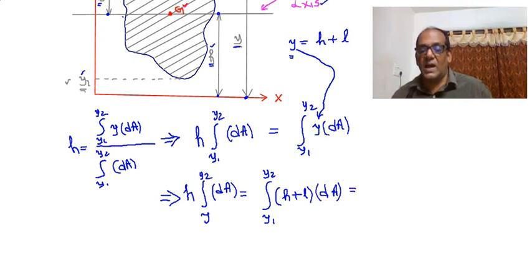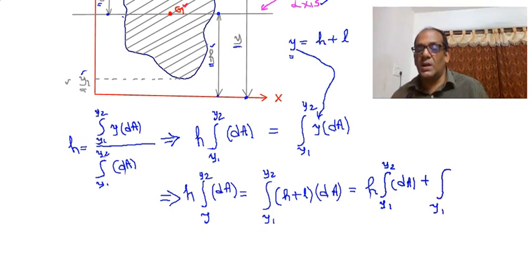This we would write as h times integral y1 to y2 of dA plus integral y1 to y2 of L times dA.